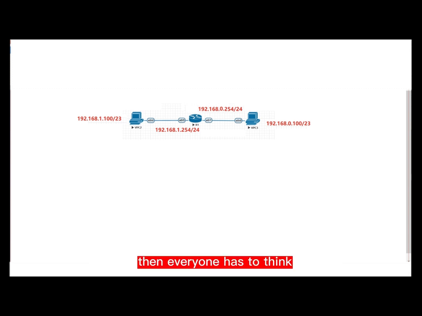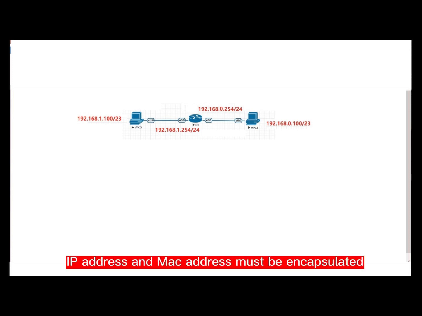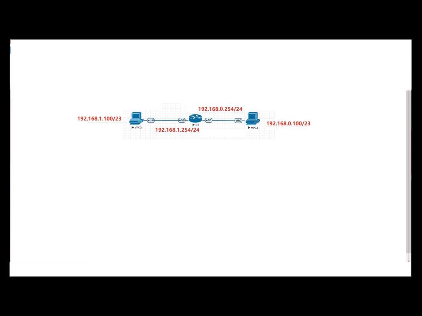Then everyone has to think about the corresponding relationship. As long as a device wants to send data, it performs data encapsulation. IP address and MAC address must be encapsulated. As long as you need to encapsulate, there is an ARP cache.